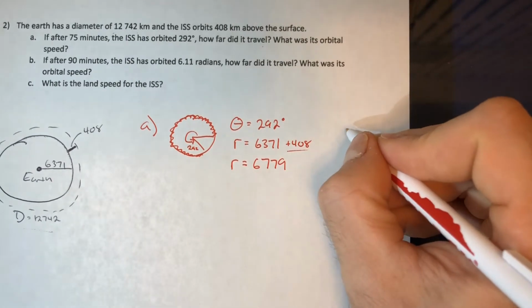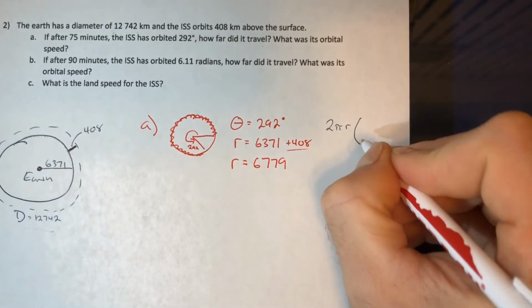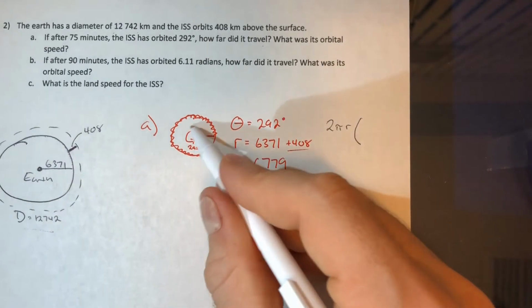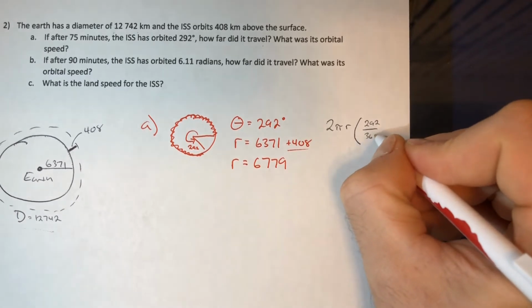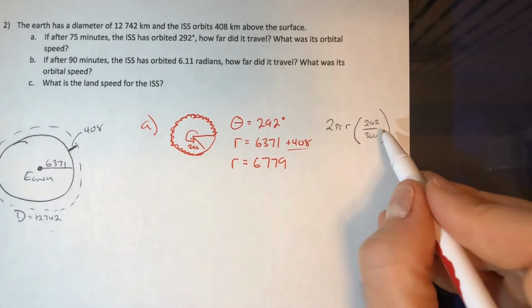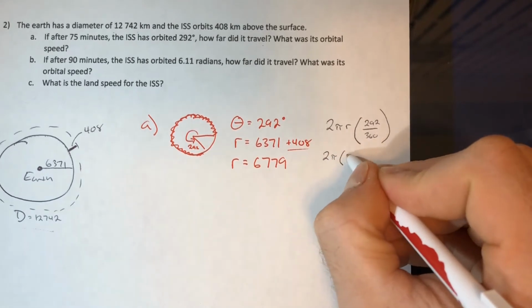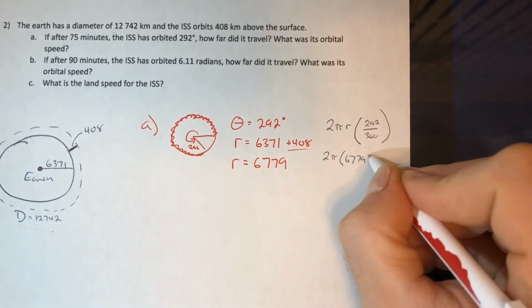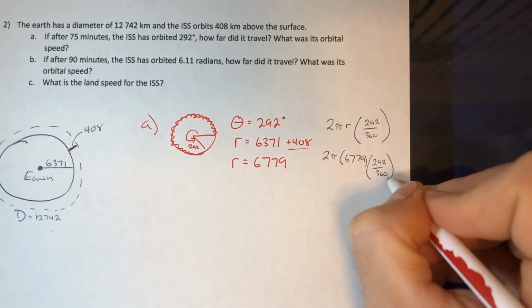And we're just going to plug that in just like we'd plug anything in. So we would say, hey, our full circle would be 2 pi r times the percentage of the circle, or the fraction of the circle that we've orbited, which is 292 out of 360. So it hasn't quite gone around once yet. So 2 pi times 6,779 times 292 out of 360.